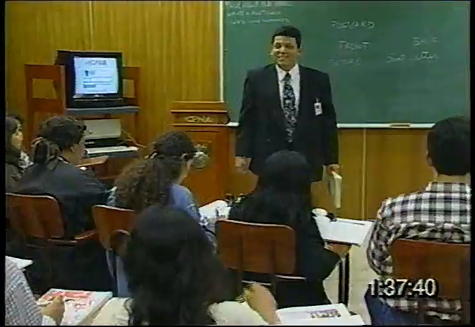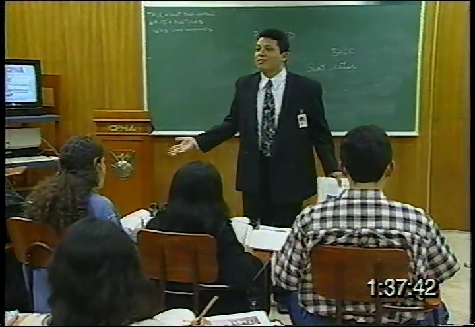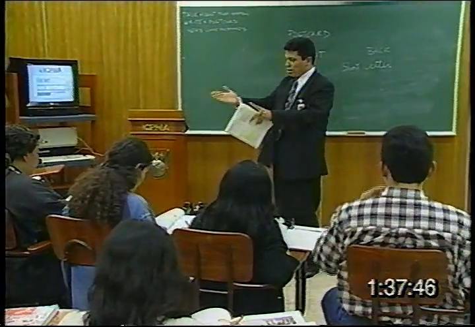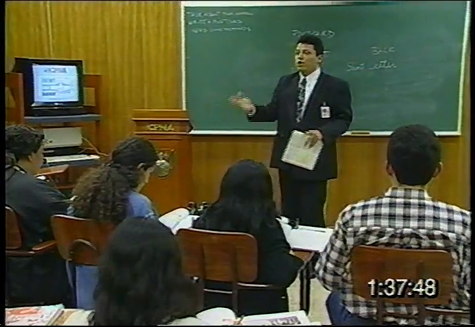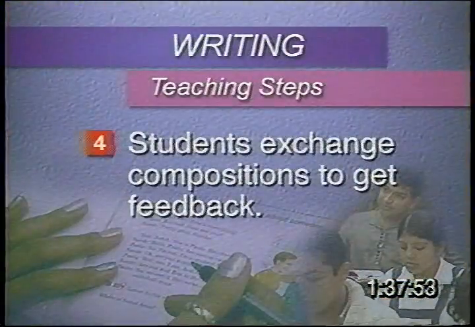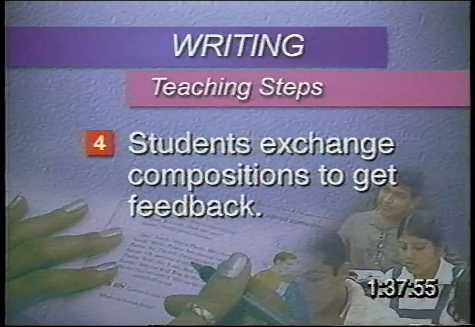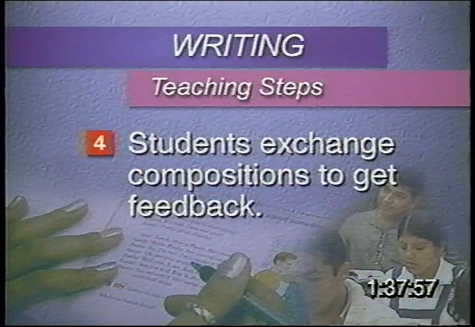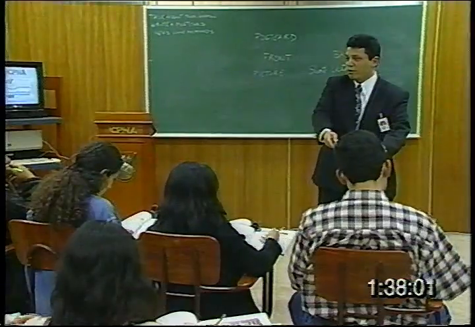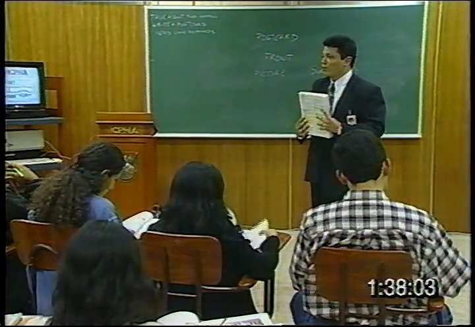Okay. Everybody finished? Now what I want you to do is exchange your postcard with your partner. Teaching Step 4. Students exchange compositions to get feedback. You give your postcard to your partner, and your partner gives your postcard to you.